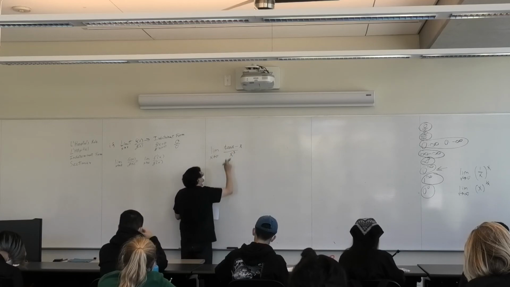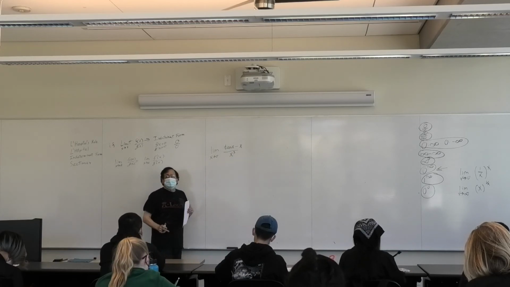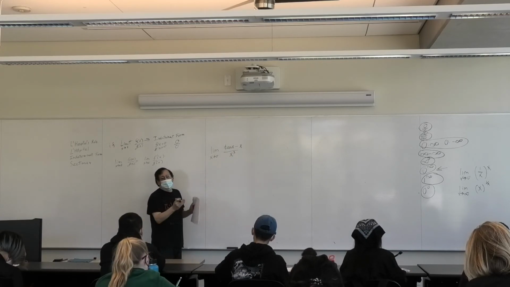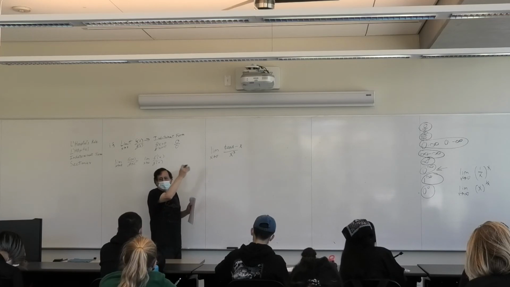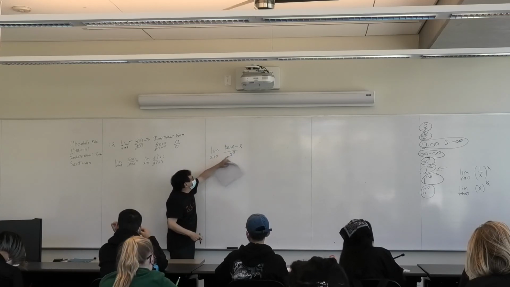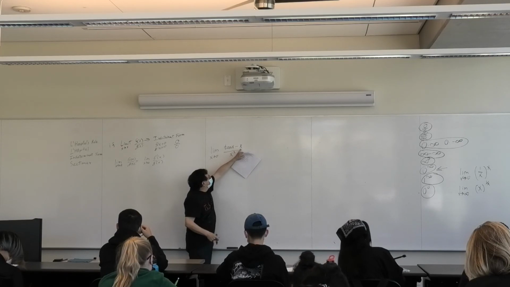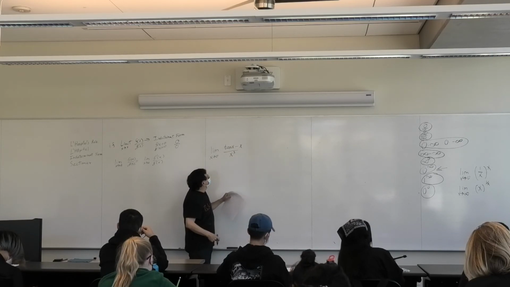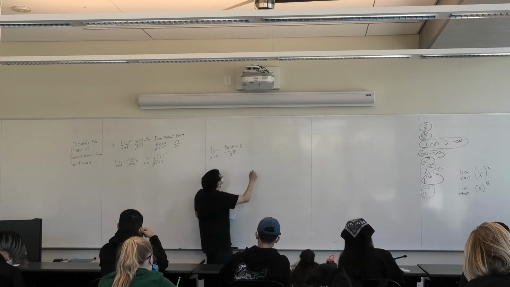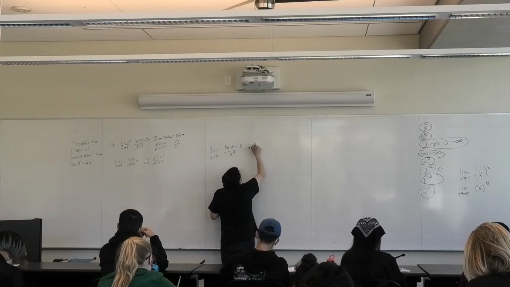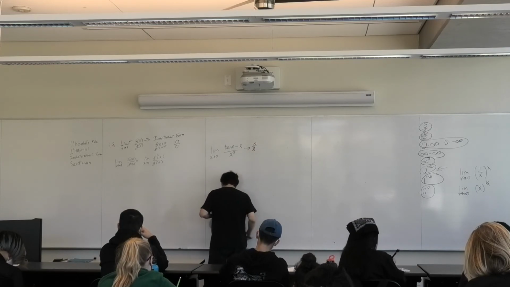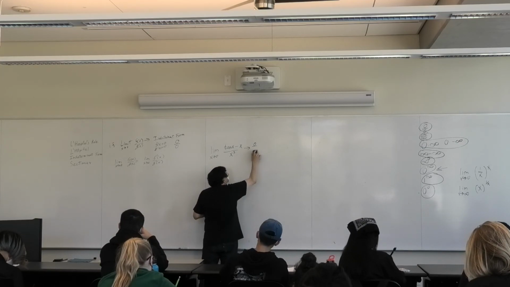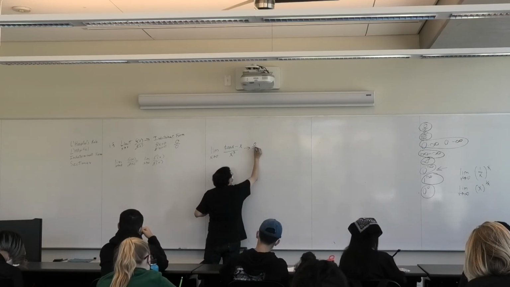Tangent of 0 is sine over cosine. Sine of 0 is 0. Tangent of 0 is 0. Minus x minus 0 over 0. So this is going to 0 over 0. Two zeros. There, I did it again.